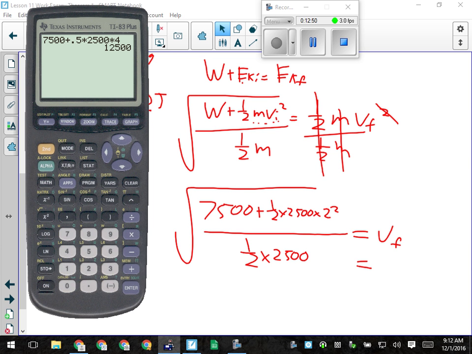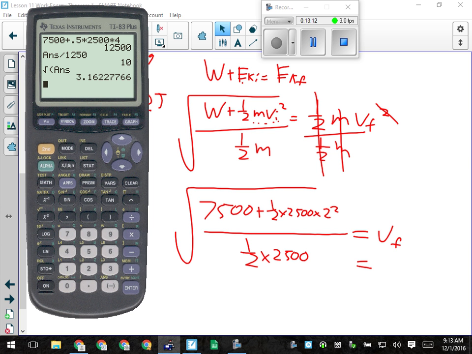I want to divide that now by 1/2 of 2,500, which is 1,250. All right, so I've got 10 there. And then I need to square root that.